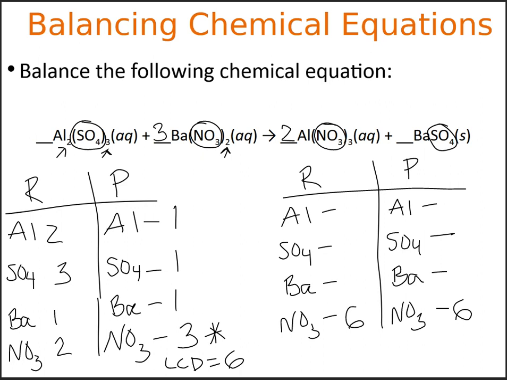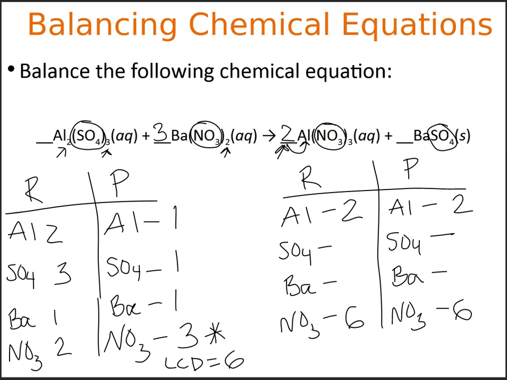Since we did that, we've now messed with the aluminum. So instead of having 2 aluminum on the reactant side and 1 on the product side, well, now we've got 2 on the product side, and that will match our 2 on the reactant side. You see that? We added this 2, and we multiply 2 times 1 for the aluminum. So now we have 2 aluminum atoms on the product side, and that matches the 2 that we have on the reactant side.